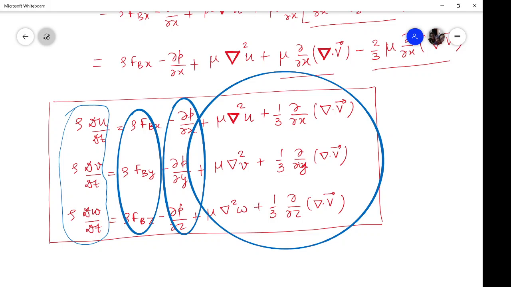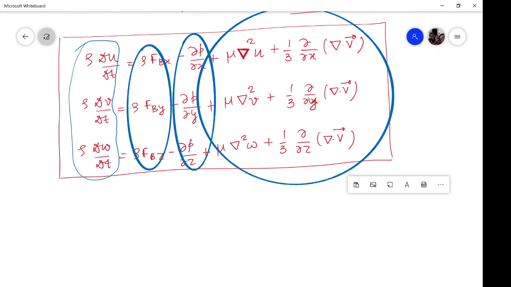And in most of the BTech courses, we always talk of viscous incompressible flow. So you know, for incompressible cases, the divergence of the velocity vector is 0. This is what the continuity equation says.